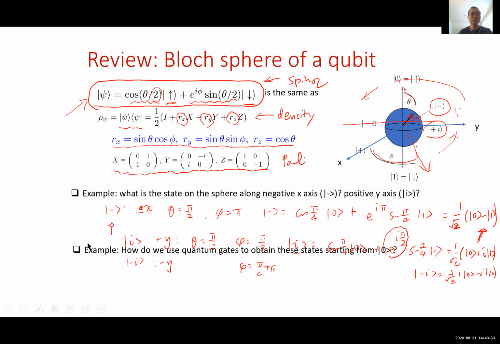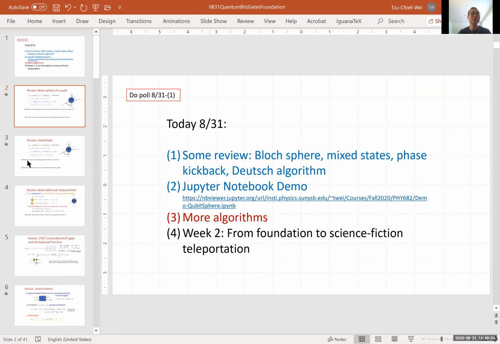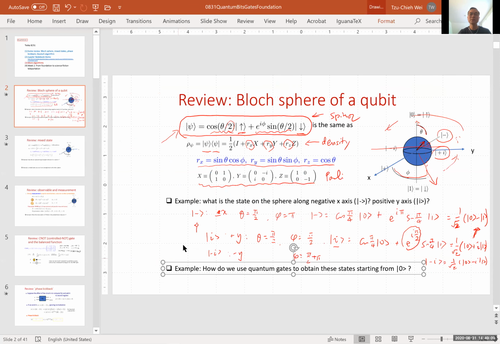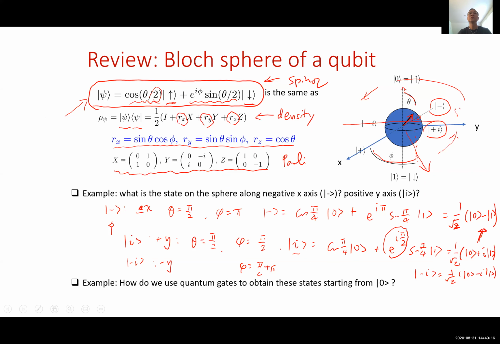Next question, how do we use the quantum gates to obtain these states? Let me lower this a little bit. Okay, so the question here is basically asking how do we get these states.